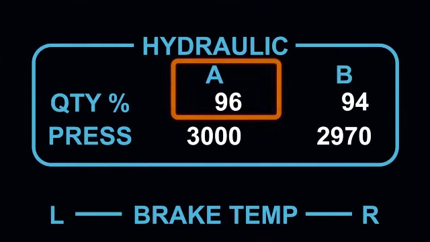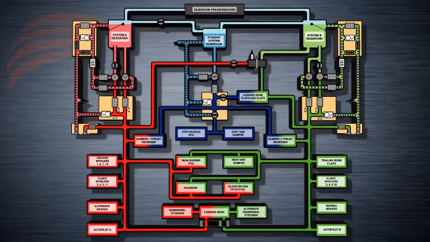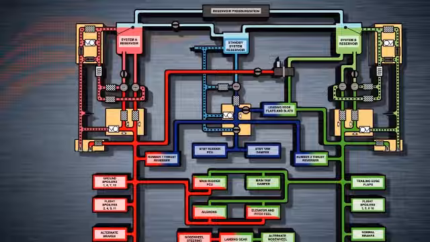The percentage range extends up to 106% to indicate an overfill of the reservoir, and if the quantity dips as low as 76% or below, a white RF or refill indication appears beside the related quantity indication. The refill indication is inhibited in flight and appears only when the aircraft is on the ground with either the flaps retracted or both engines shut down.